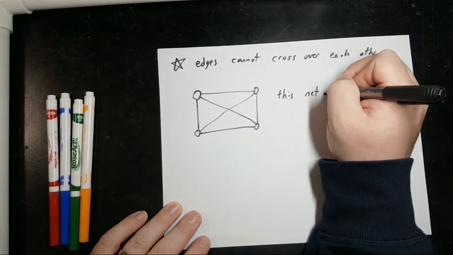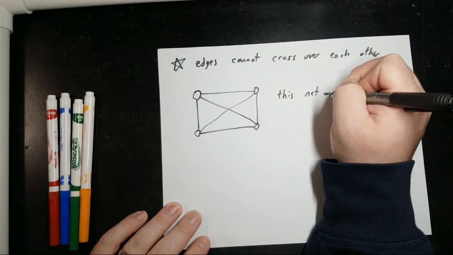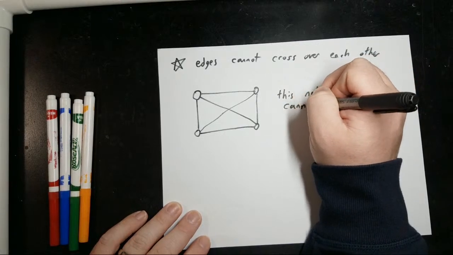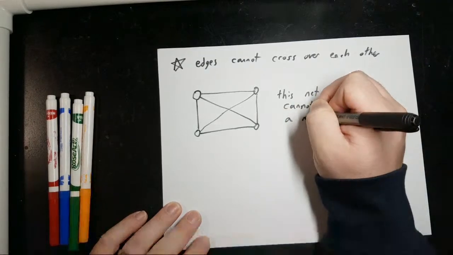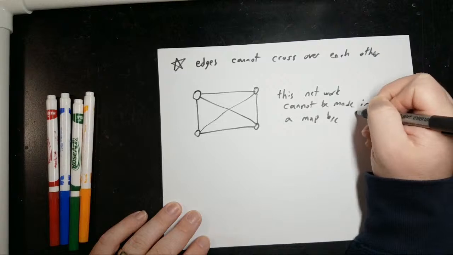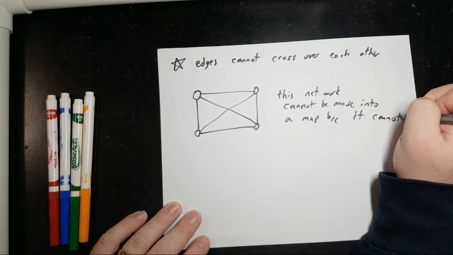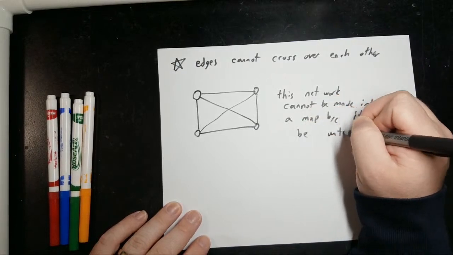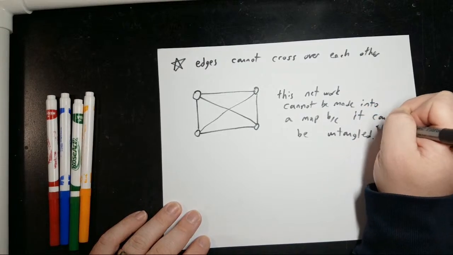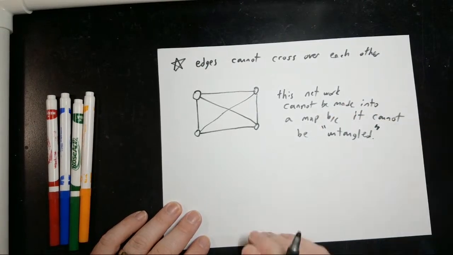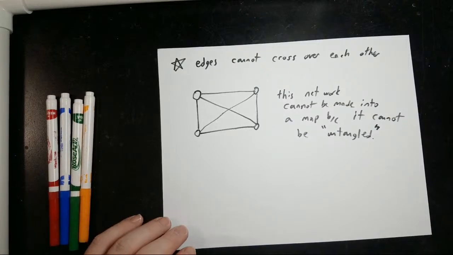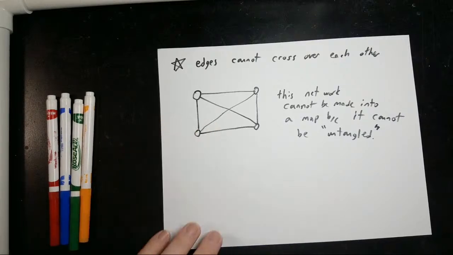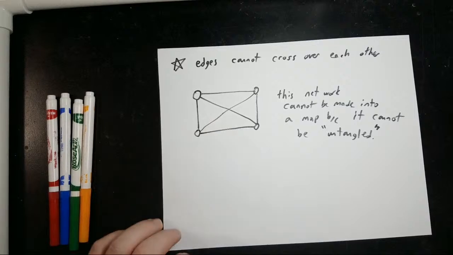This network cannot be made into a map because it cannot be untangled. I'm introducing this word untangled. This is actually a technical term that I'm going to go into a little bit more detail about in a moment. But if you're talking about this particular network, this network cannot be made into a map.